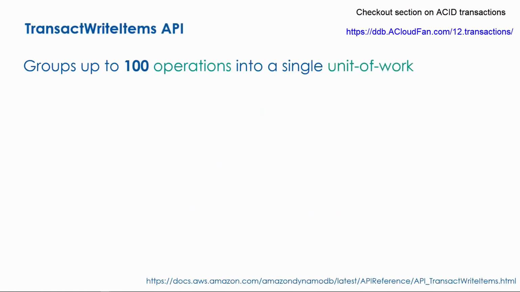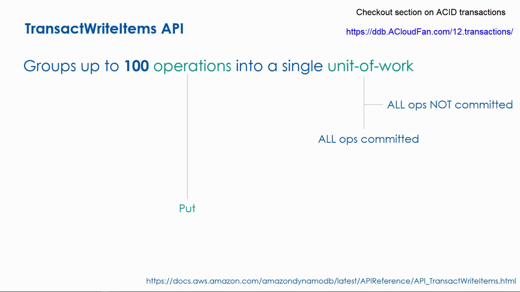The TransactWriteItems API groups up to 100 operations in a single unit of work. There are two keywords in this statement. Unit of work means that all operations in the transaction are either committed or all operations are rolled back, so that item data is in a state prior to the execution of the transaction. Let's talk about the four operations that are supported.